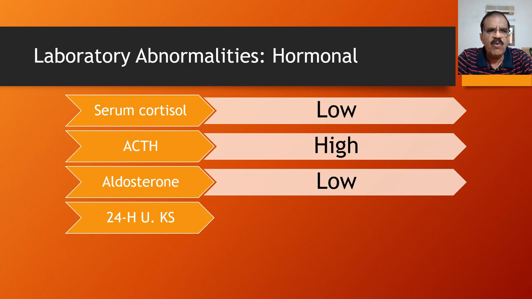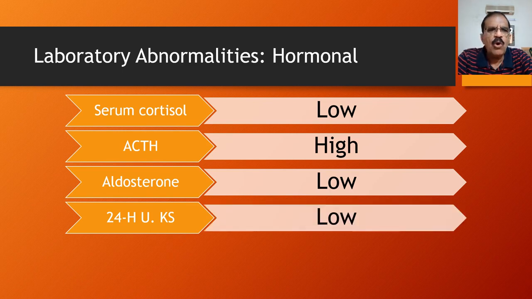Then the 24-hour urinary ketosteroid. Now this may be a little cumbersome because collecting urine for 24 hours may not be easy, but it may be a very useful test because it gives you the 24-hour average. These hormones are produced in the form of pulses, so it is possible that if you do the test at the peak of a pulse, then low cortisol may be missed.